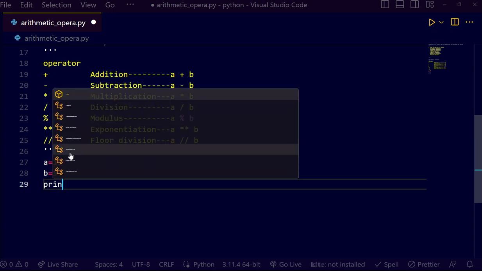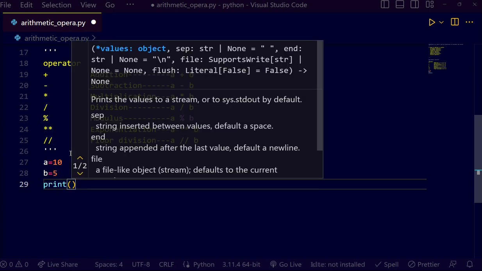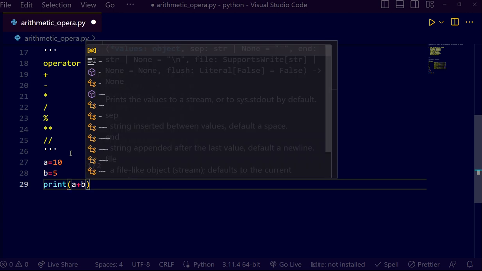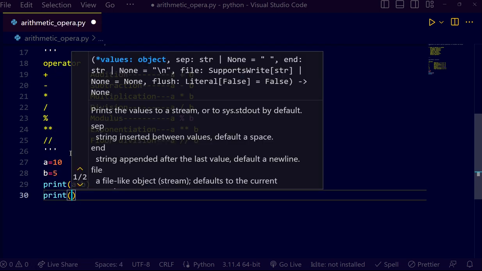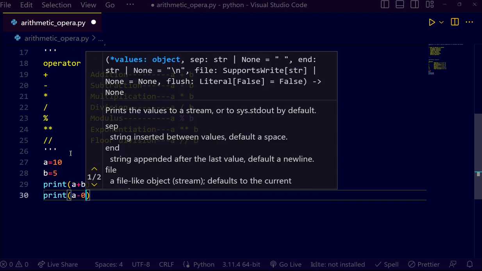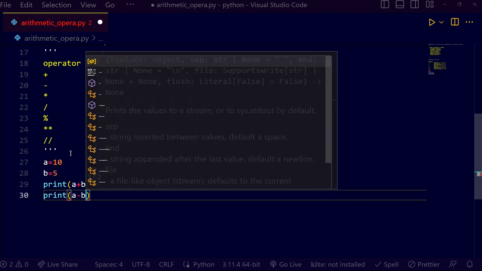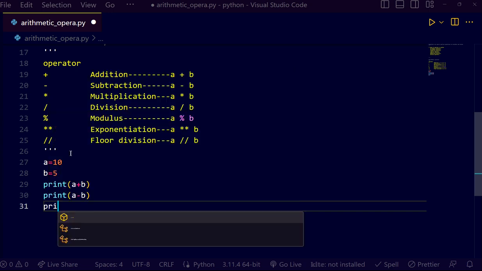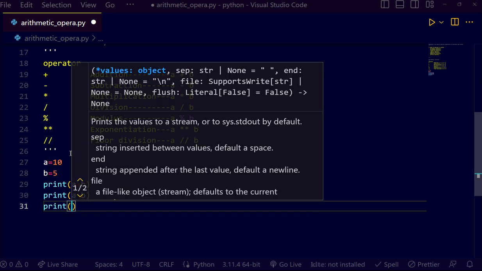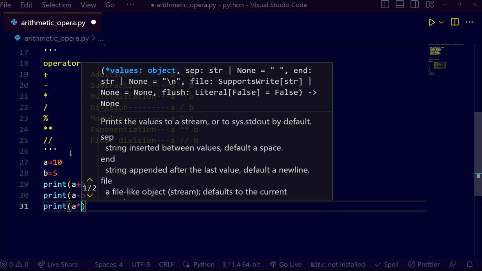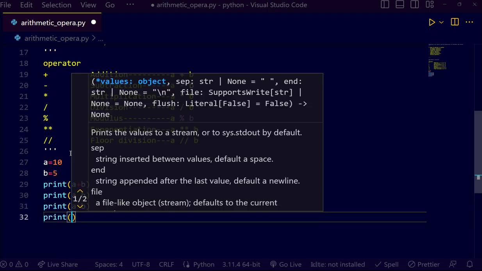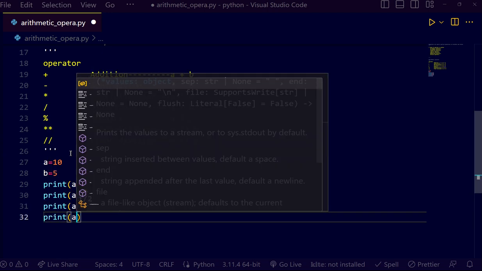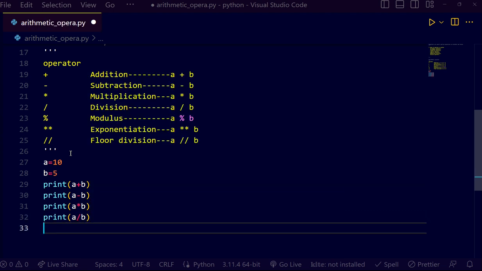Next, print a plus b. Next, print a minus b. Print a star b, that is multiplication. Print a divided by b, division.